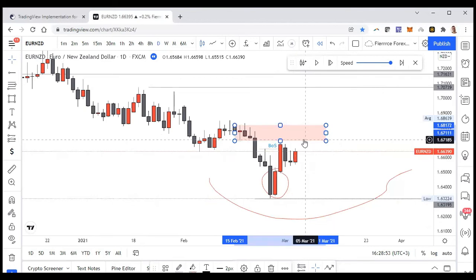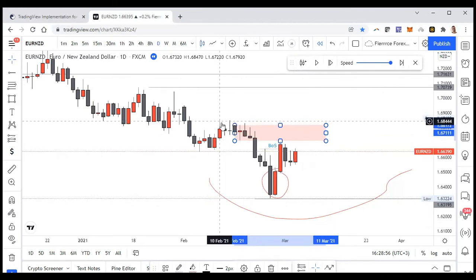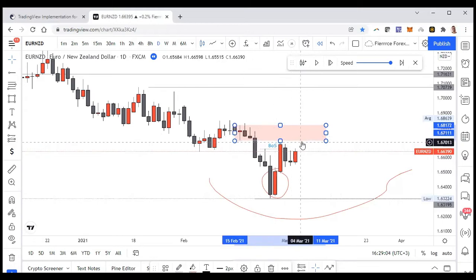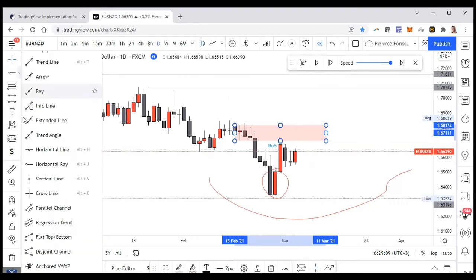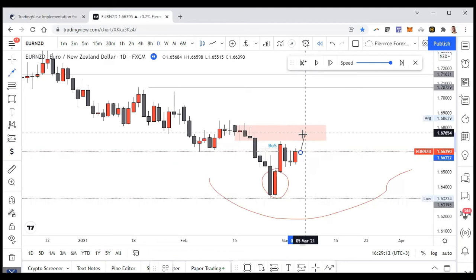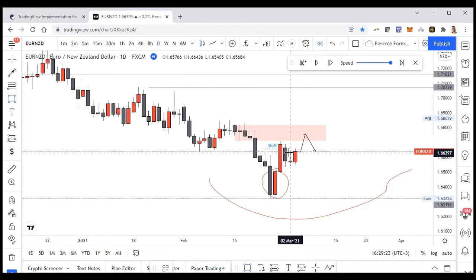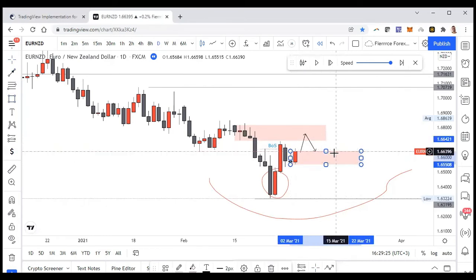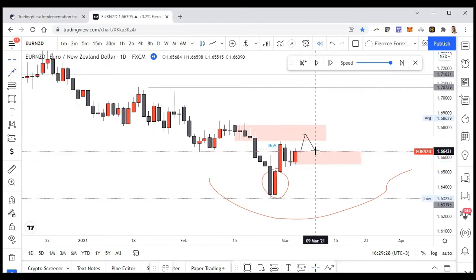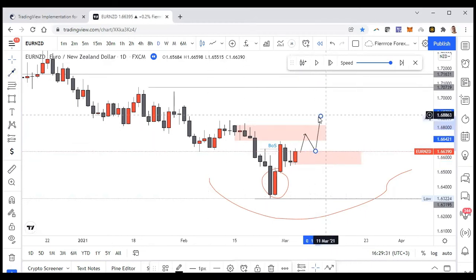Some people would want to sell at this point, which is fine, or somewhere in between. But just knowing there's a zone here, you'd easily anticipate that price will reject off of this zone, and possibly come back to this demand zone.